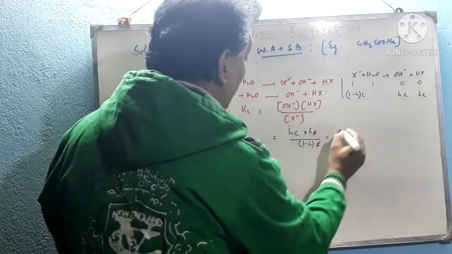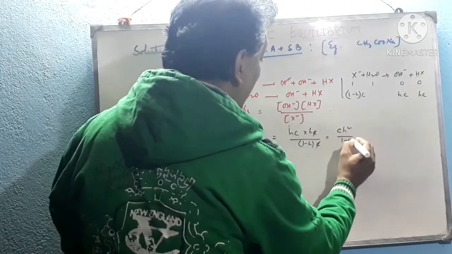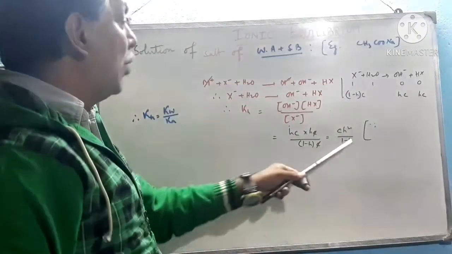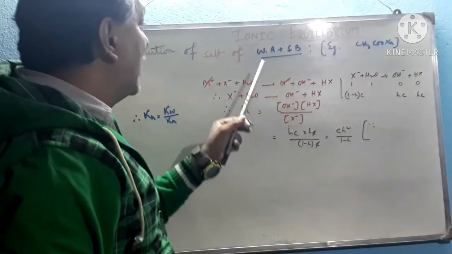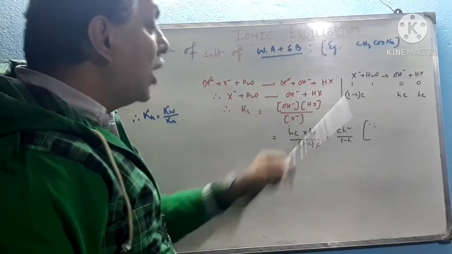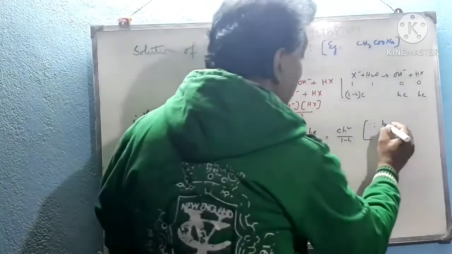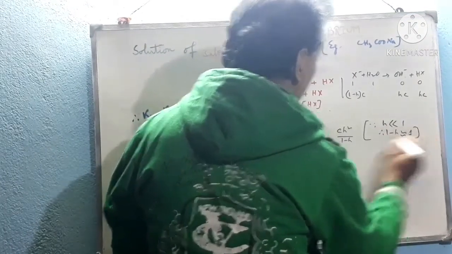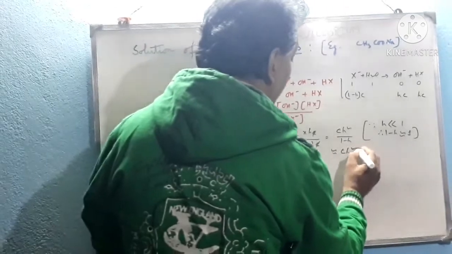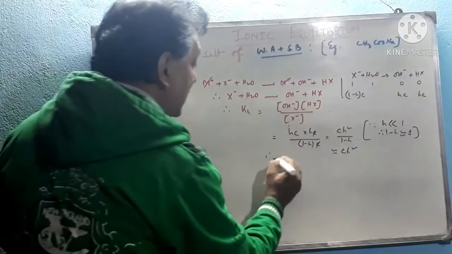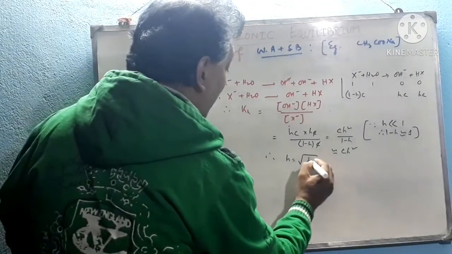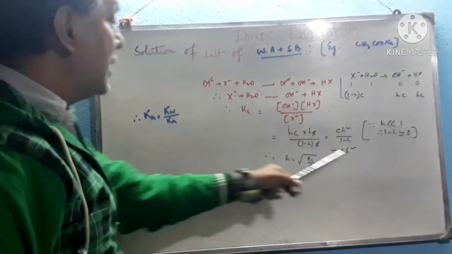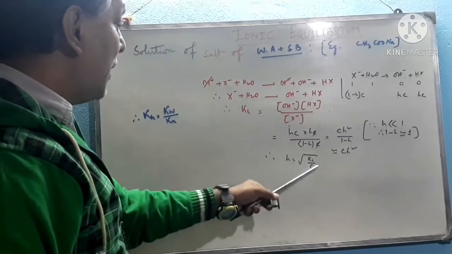So by cancelling C we get Ch²/(1 − h). Since the degree of hydrolysis is very low because it is a weak acid and weak base salt, h is very much less than 1, therefore 1 − h can be taken as 1. So this becomes Ch². So Kh = Ch², and h = √(Kh/C).